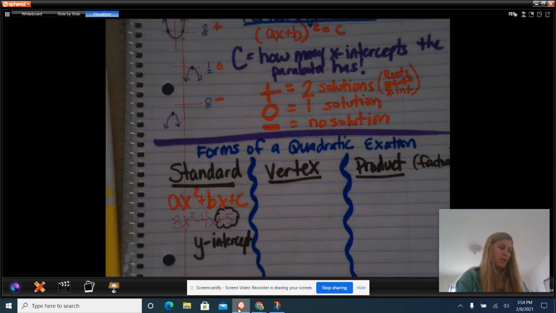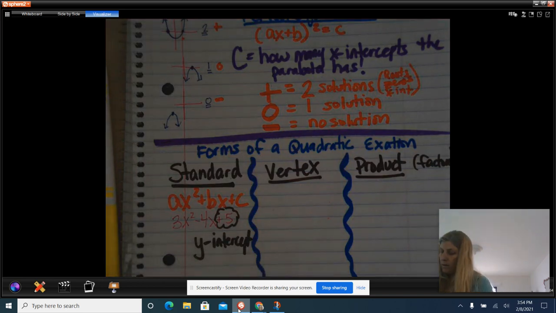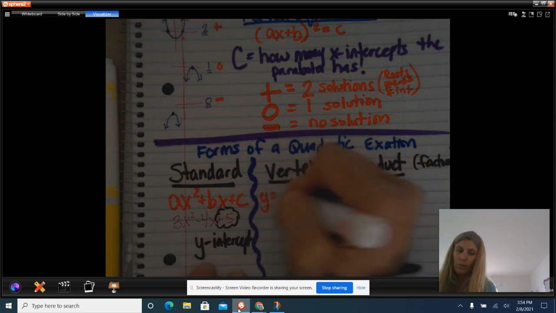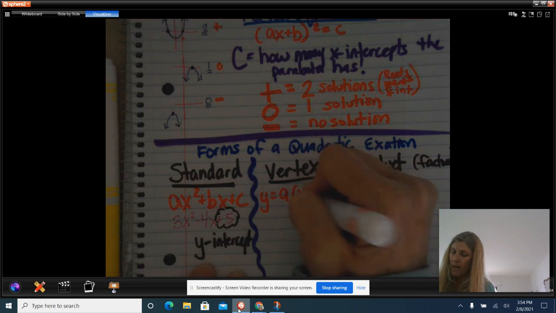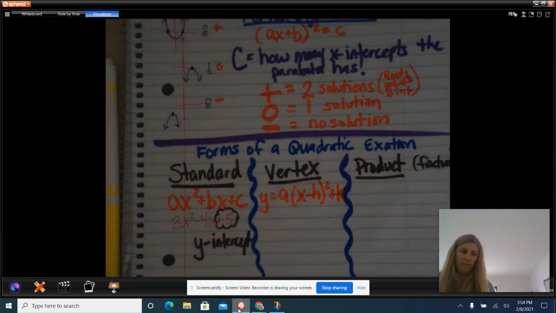Now, our vertex form has the formula, y is equal to a times (x minus h) squared plus k.